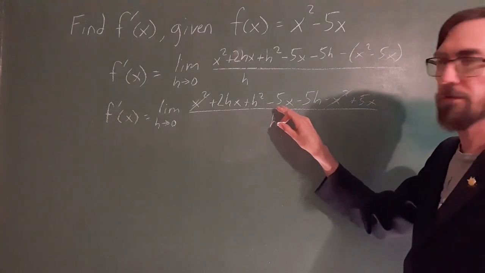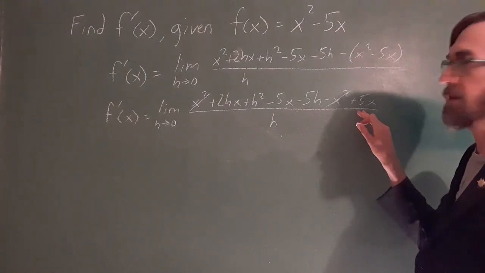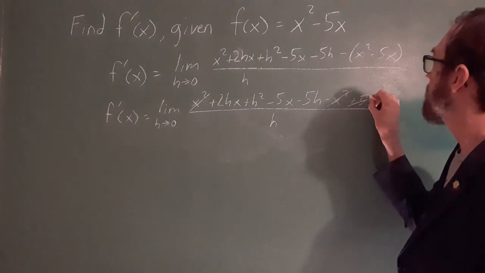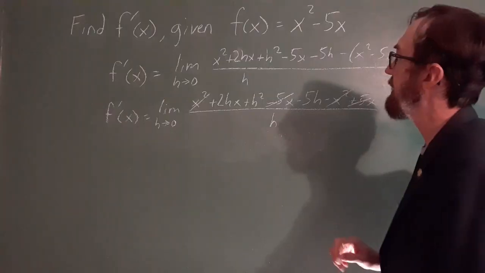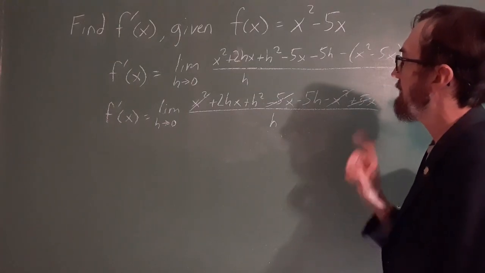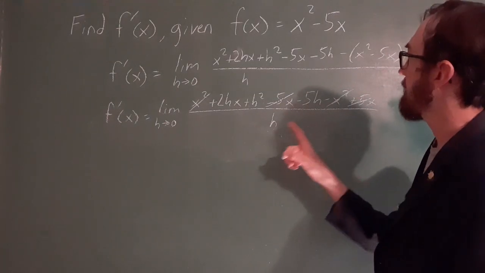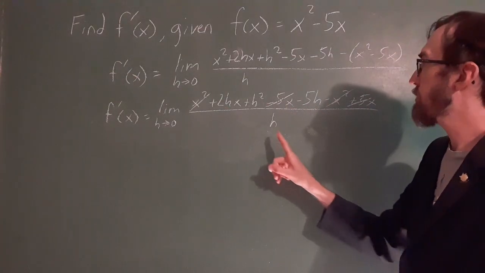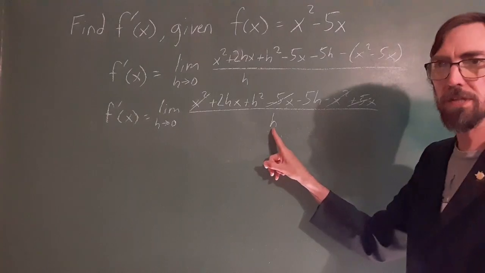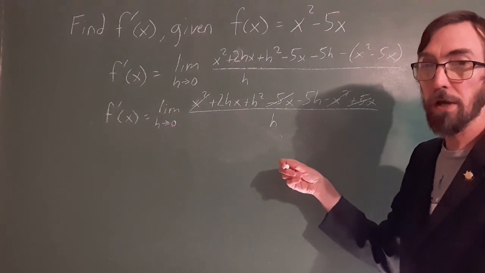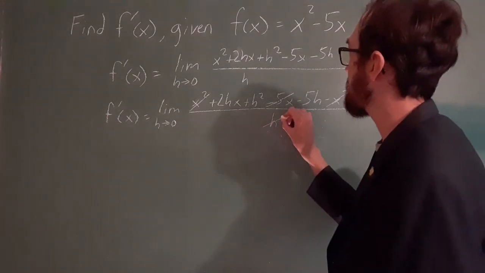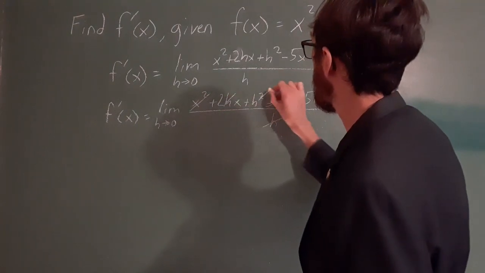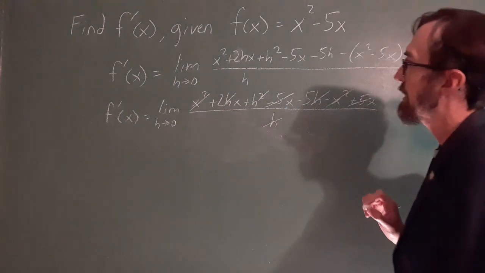The negative 5x here is an opposite sign of the 5x over here, so they are canceling out here. And then notice that everything that we have left in the numerator has an h component to it, which will cancel with this h here as a fraction reduction. So I lose an h here, an h here, an h here, and an h here.